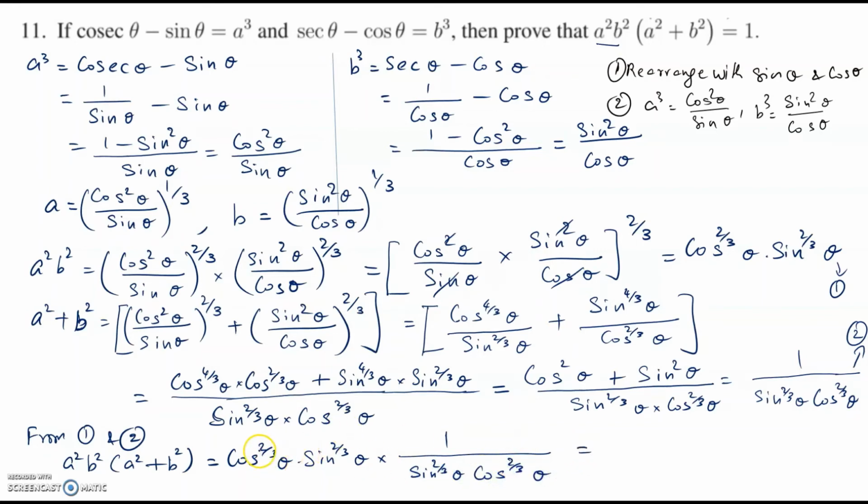They are the same, so you can cancel them. So your answer is 1. Therefore, LHS is equal to RHS.